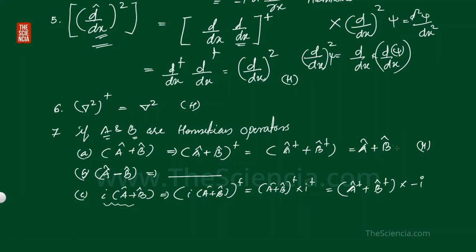Here it is a complex number, so when we take the conjugate, we will get minus i. We know A and B are Hermitian operators, so this will be equal to minus i(A plus B). So this is anti-Hermitian because there is a minus sign.